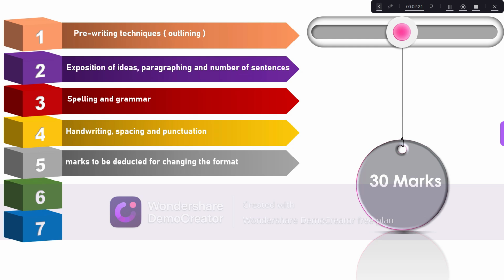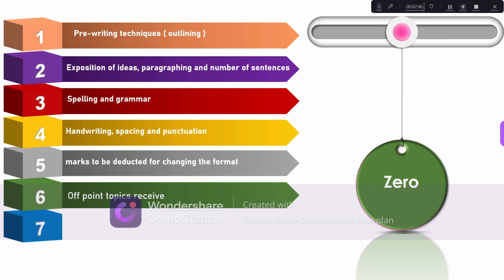Now, an important notice here: 3 or 30 marks will be deducted from your piece of writing if you change your format. For example, for 11th graders, you are asked to use the descriptive writing. So if you use the argumentative piece of writing, you will be deducted by 30 marks.